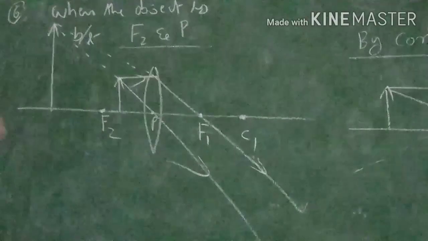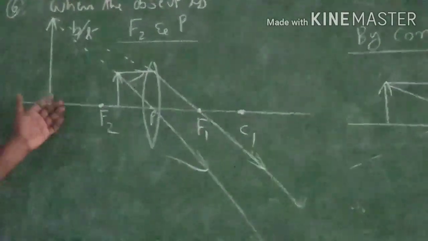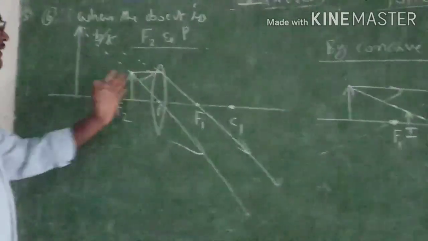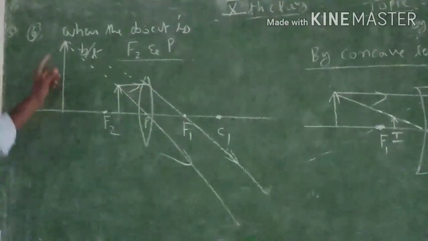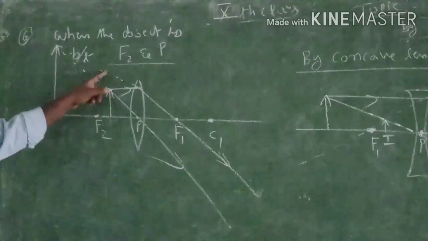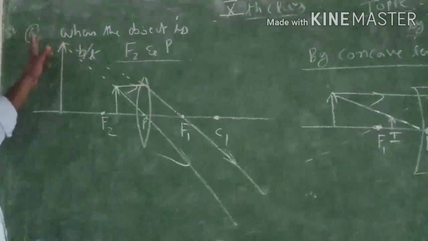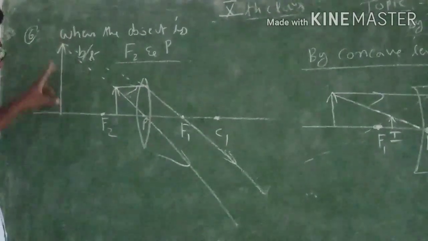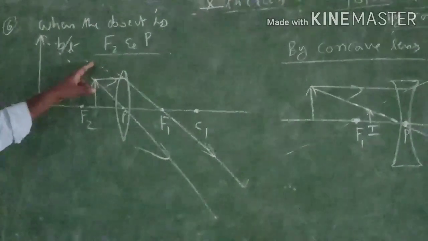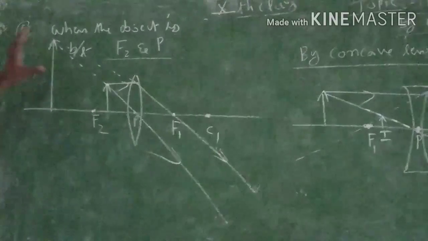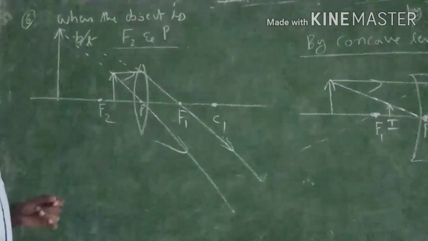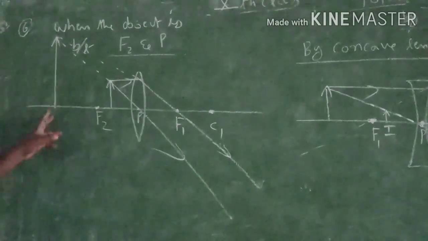Unlike the previous cases, here the image is formed on the side of the object only, and through the image no actual light rays are passing; the image formed is by the extended refracted light rays. So this image is called a virtual image.